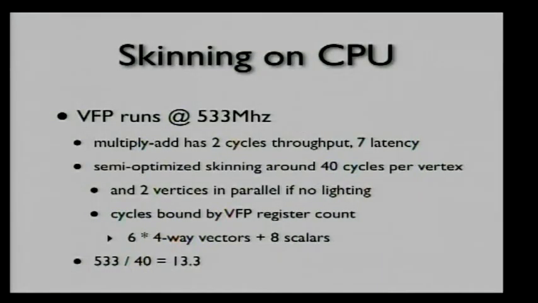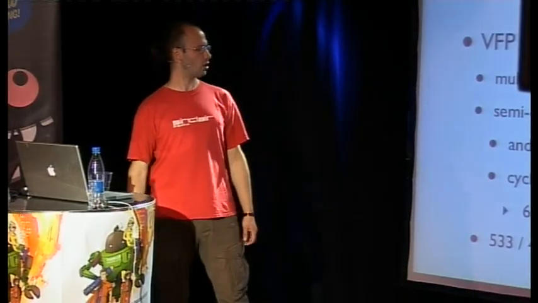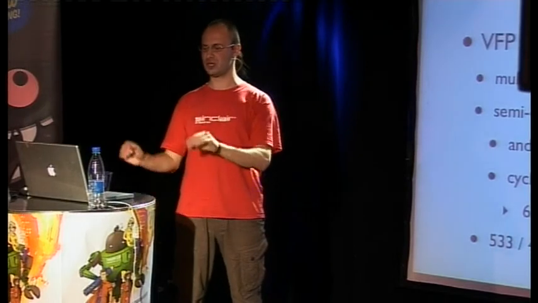If we compare that with the CPU, we have this VFP unit, which usually is used in a scalar mode, just like a floating point unit, but you can switch it into the vector mode. Then one multiply add will take around 2 cycles, and the latency is 7. More or less, not really optimized code for the skinning will take around 40 cycles per vertex.